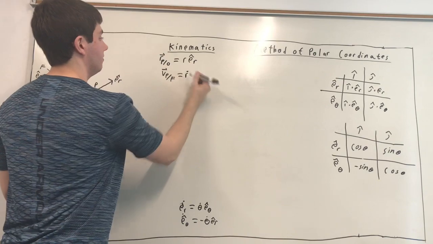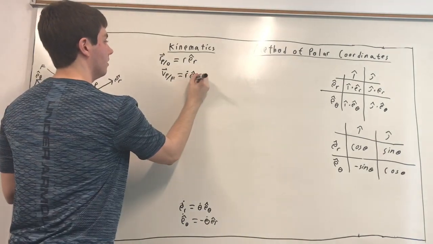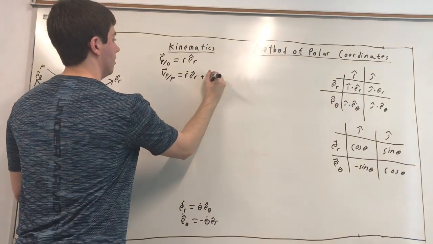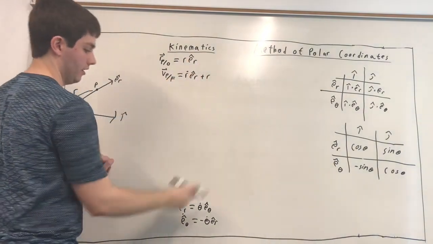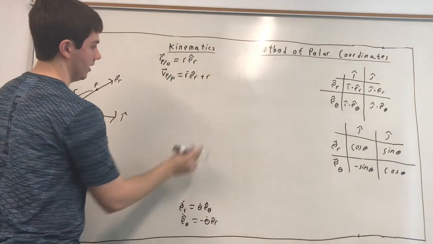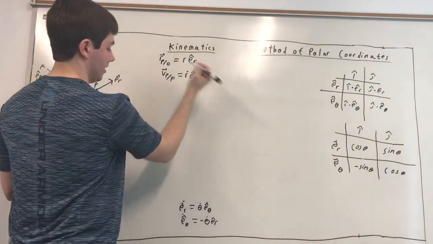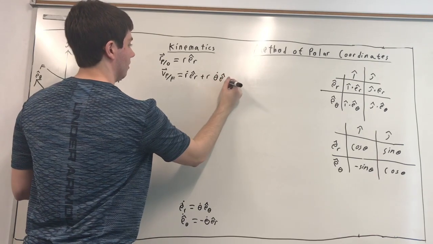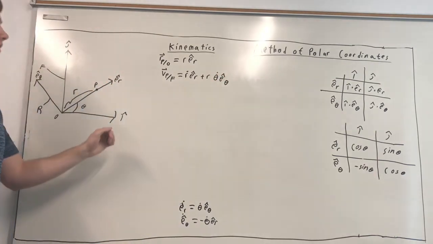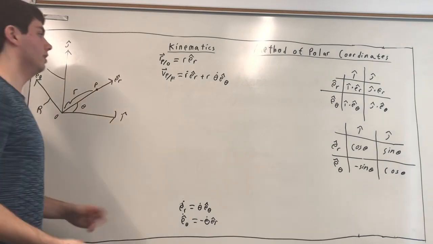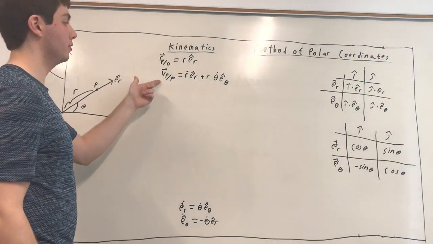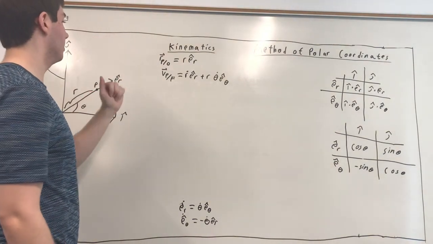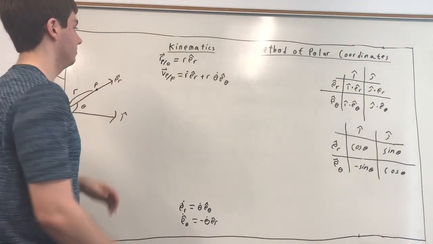We get r dot e hat r, plus r times, now we look at our e hat r dot, r theta dot e hat theta. So that's pretty cool. So next we're going to take another derivative of this with respect to time in order to get the acceleration of p with respect to the fixed frame.